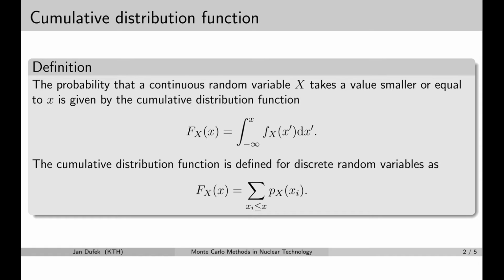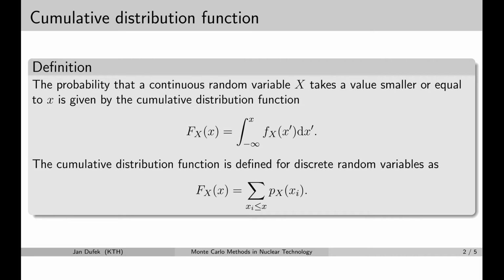Let's denote the cumulative distribution function by capital F. The function is defined for all possible values of the random variable, and its definition is very simple. The function gives the probability that the random variable takes a value smaller or equal to x.